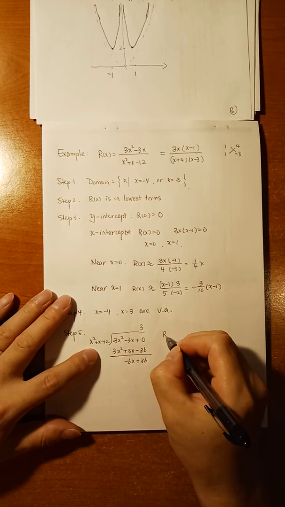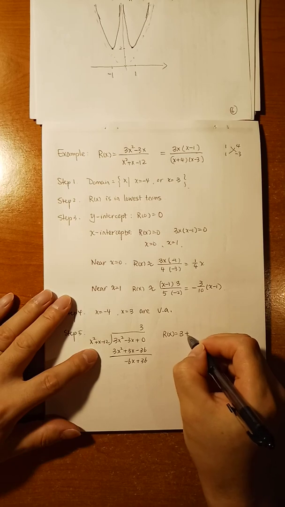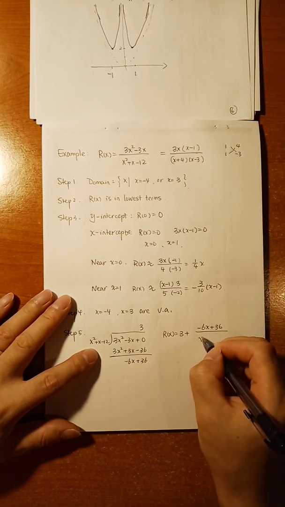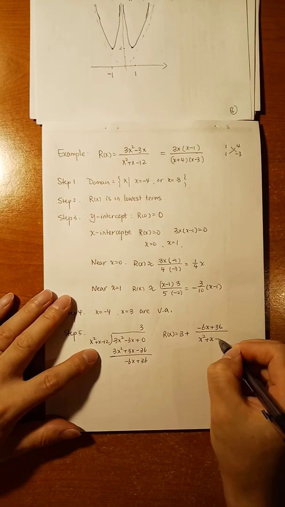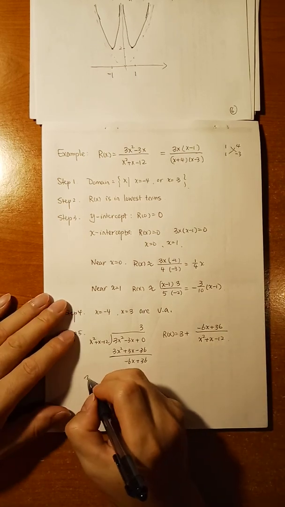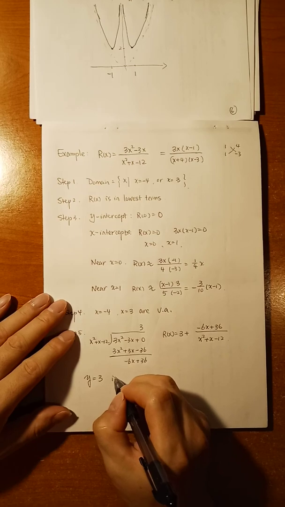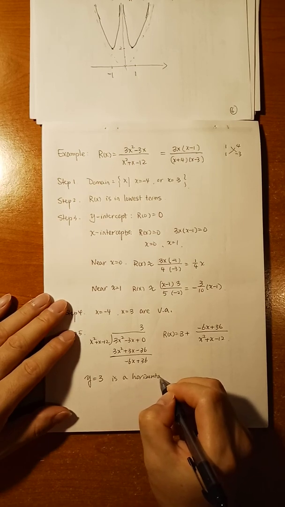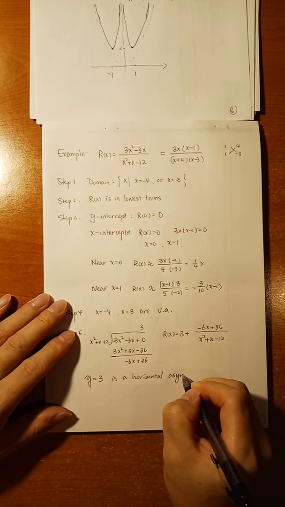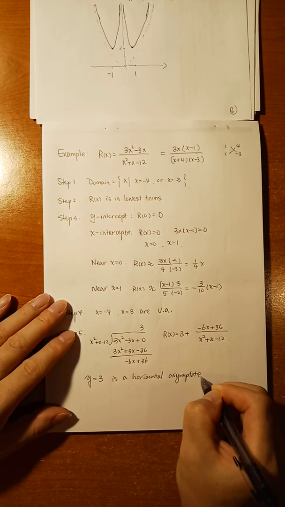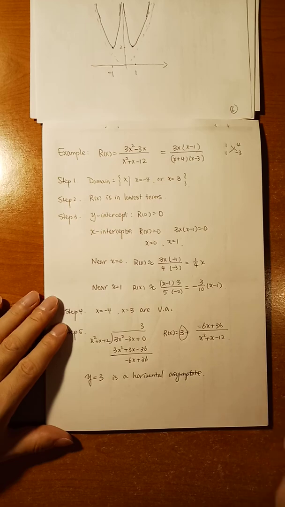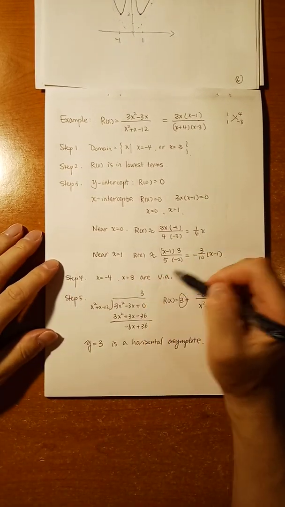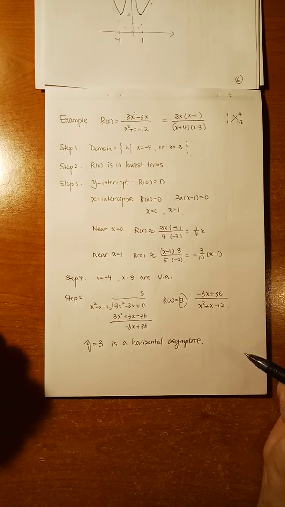So you have r of x equal to 3 plus negative 6x plus 36 over x squared plus x minus 12. So y equal to 3 is a horizontal asymptote. Vertical asymptote, x equal to it. Horizontal asymptote, y equal to it.